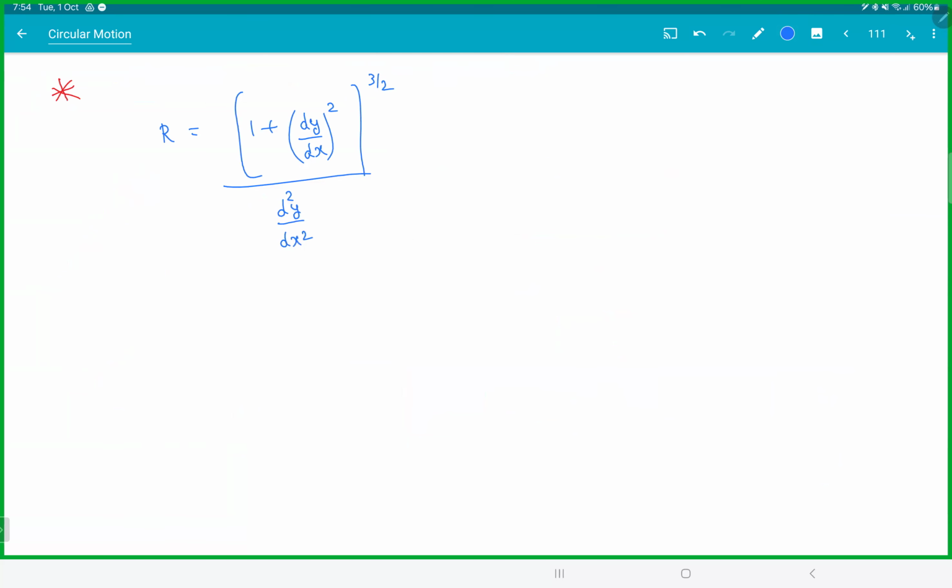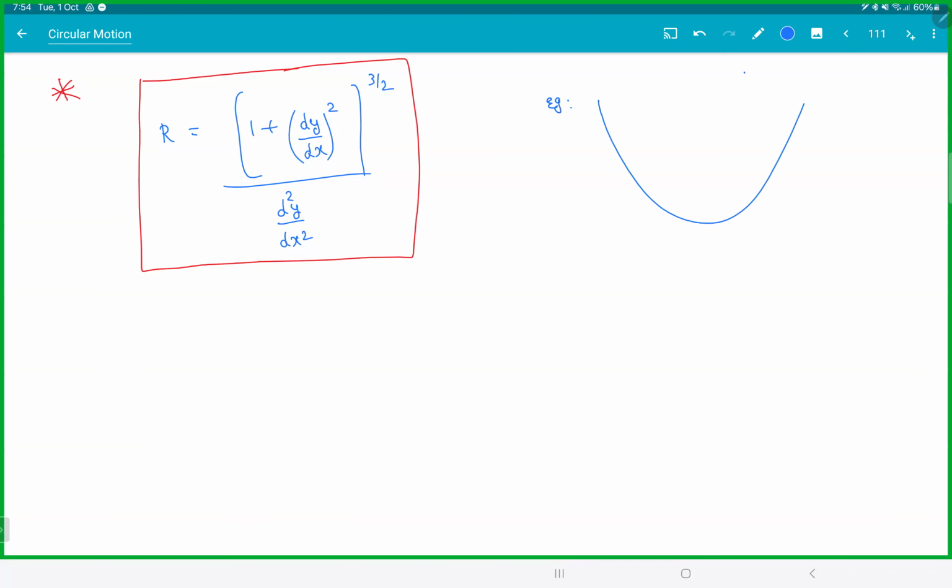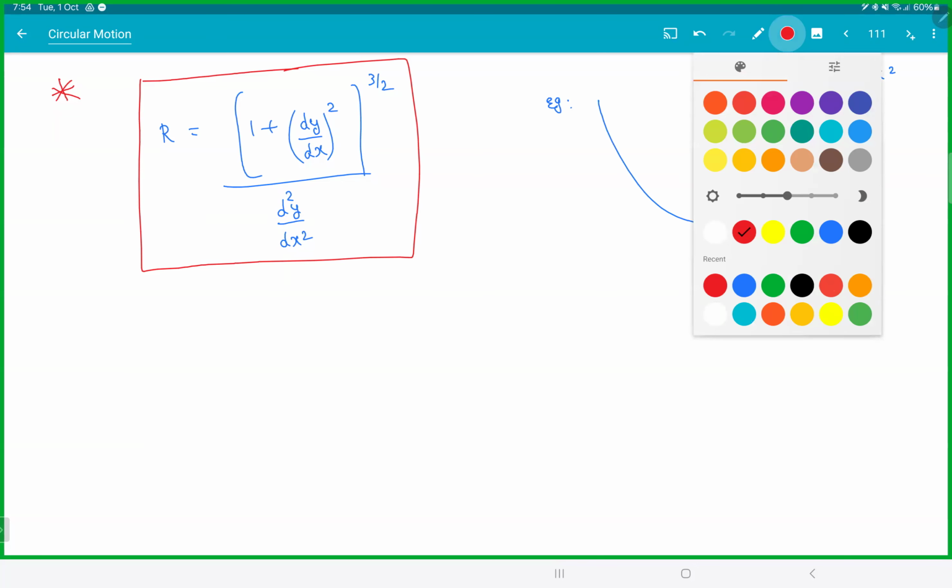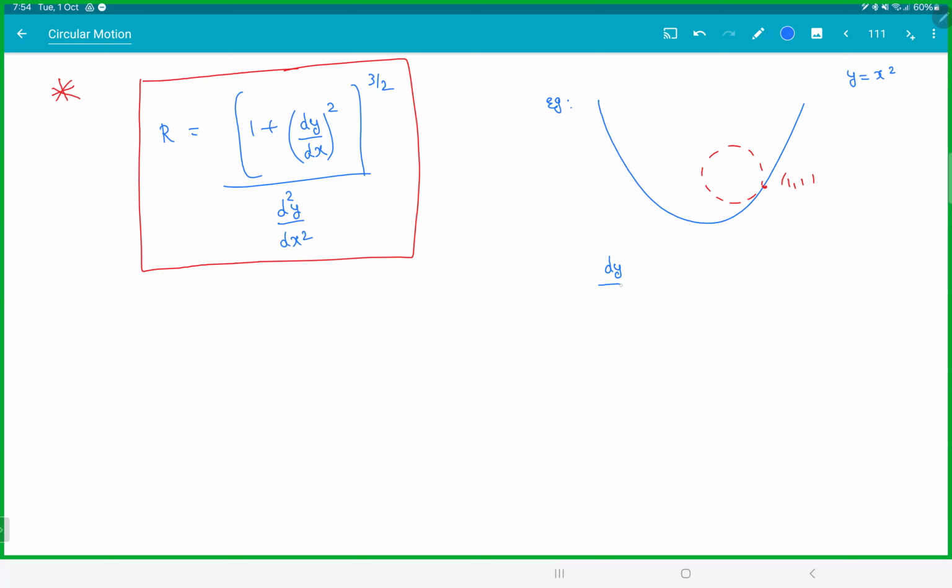Now let me take an example, the question which we just did. So we had a parabola y is equal to x square, and you wanted to find the radius of curvature at 1, 1. Now look at this formula here. dy by dx is 2x. d square y by dx square is 2.